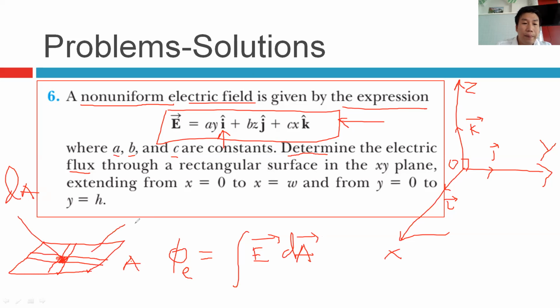Assume that we have electric field in this direction, E, and remember that dA is perpendicular to the surface. This is a vector dA, and the angle between dA and E is theta. So you can calculate the electric flux through the surface A by this formula, right? This is from theory.